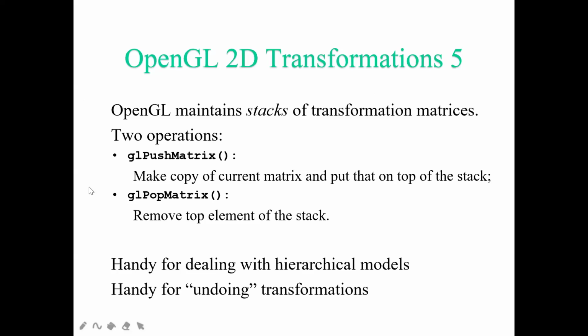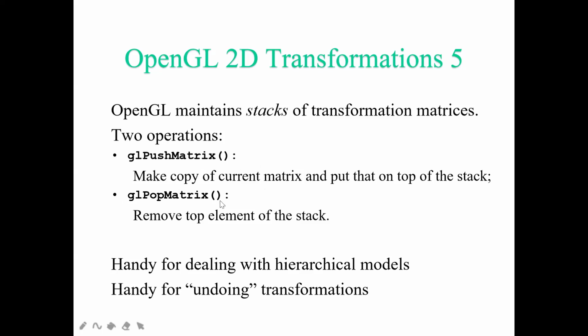Now here you can see the OpenGL 2D transformation, and some more things where we maintain stacks of transformation matrices. We have two operations: one is glPushMatrix, another is glPopMatrix. In glPushMatrix, you take a copy of your current matrix and put it on the top of your stack, so the current matrix equals the top.